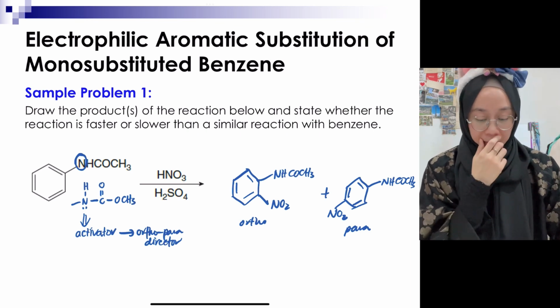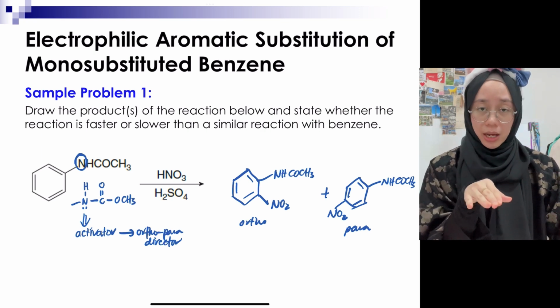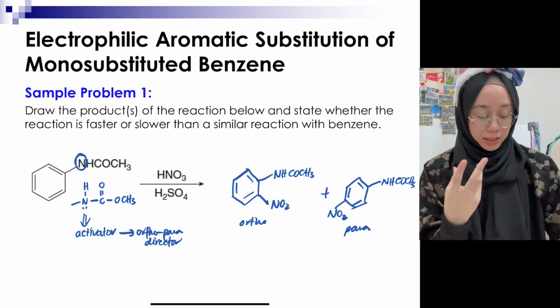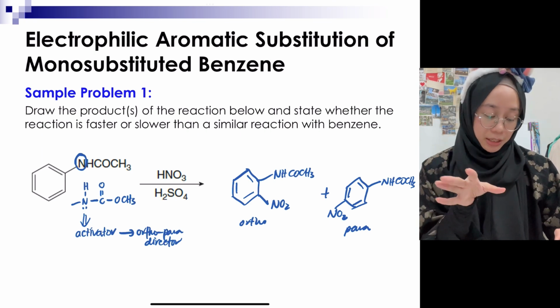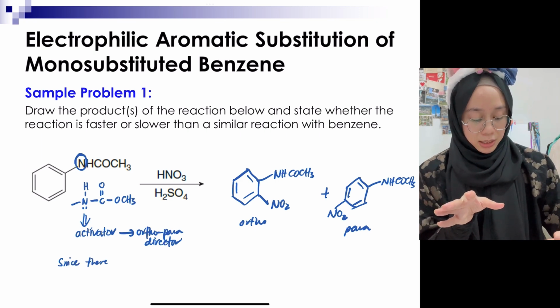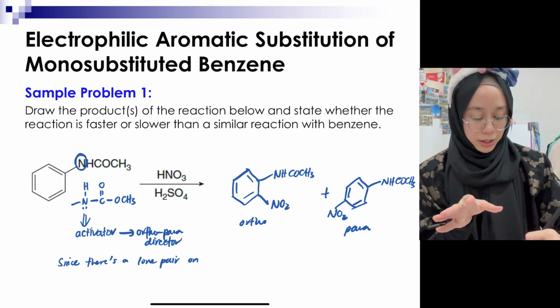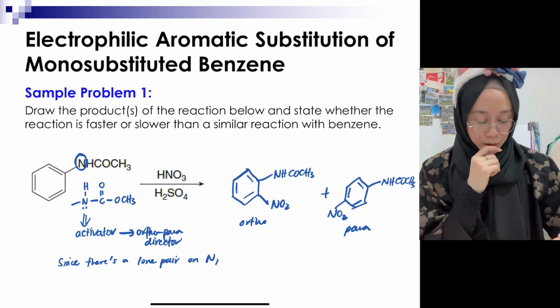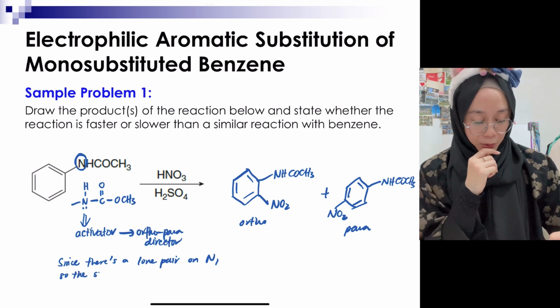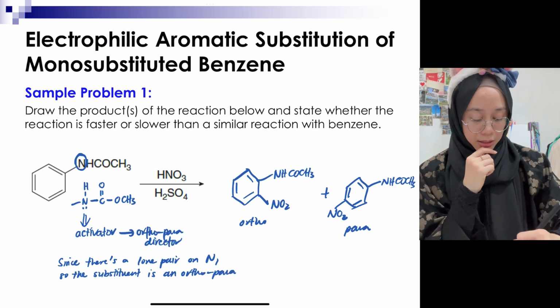Okay, so dia tanya pula, state whether the reaction is faster or slower. Since dia adalah activator, meaning the reaction is faster. Okay, so kita try to put explanation a bit lah. Since there's a lone pair on N, so the substituent is an ortho-para director.